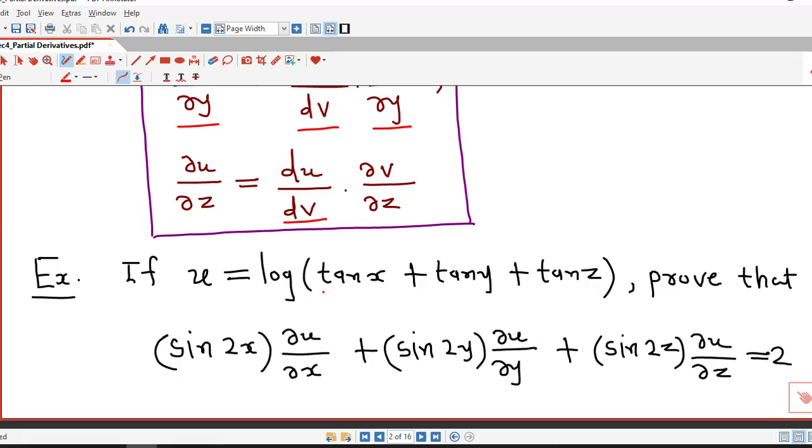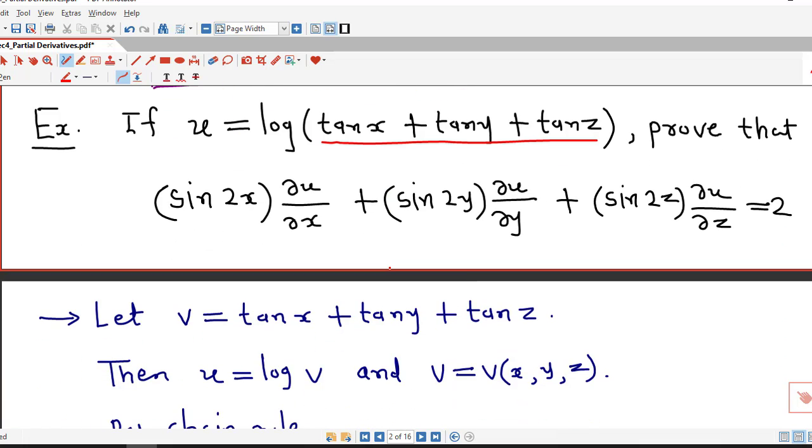So here we will assume that suppose this is equal to v, so v becomes function of x, y, z and u becomes function of v. So we take v equal to 10x plus 10y plus 10z. So therefore u is log v and v becomes function of 3 variables x, y, z.